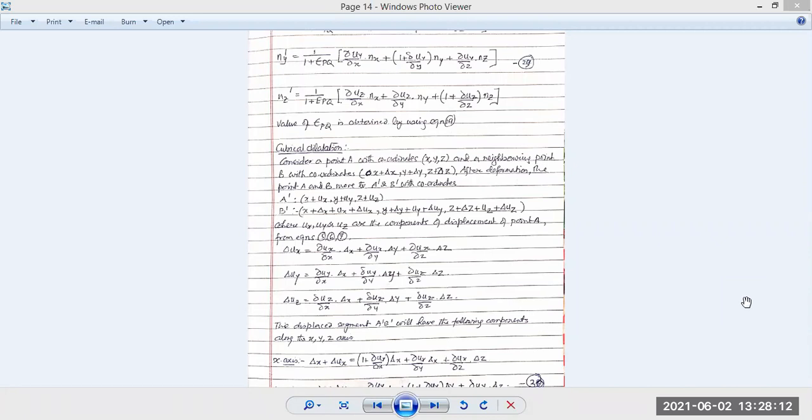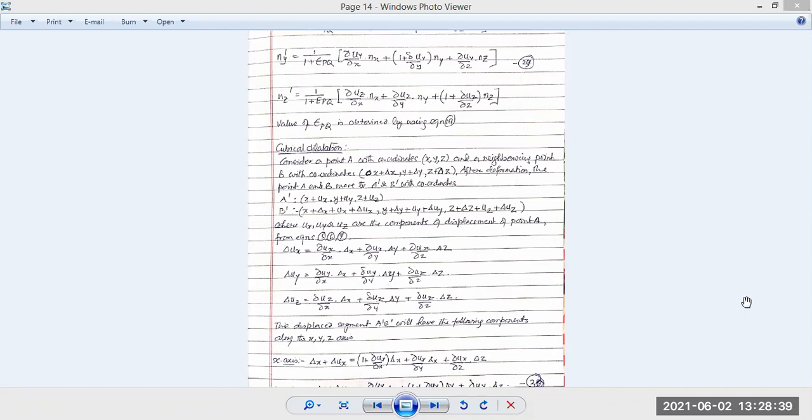So along the x-axis, we know the distance from the origin of the point A, and we know the same distance of the point B along the x-axis, which is slightly more, x plus delta x, infinitesimally small, but not equal. The same is the case with the y-axis and the z-axis. All the coordinates are changing by an infinitesimal amount.